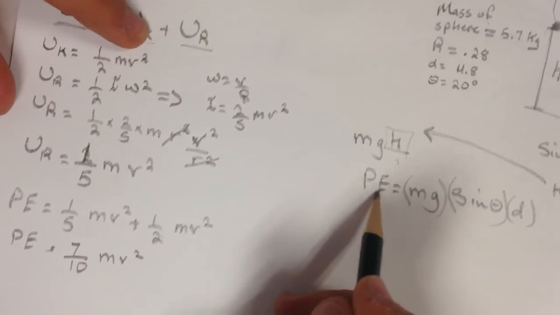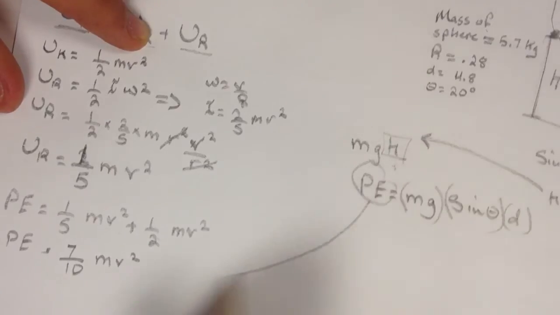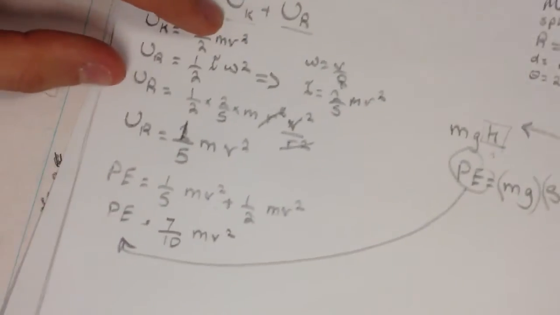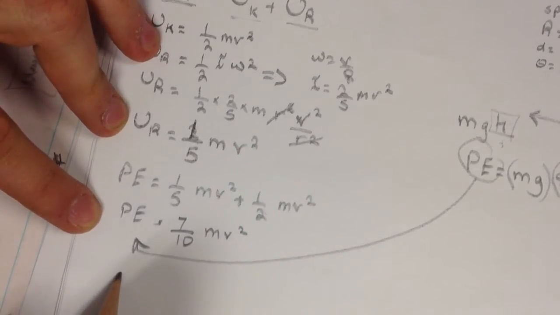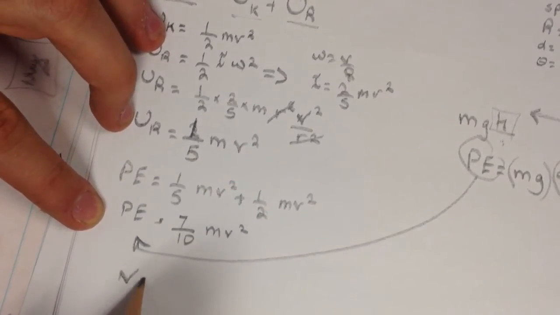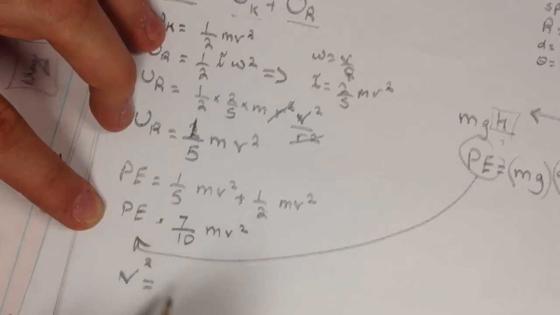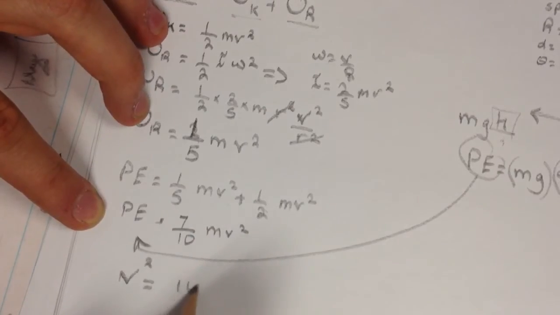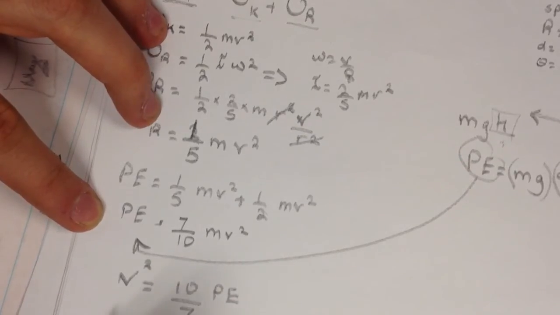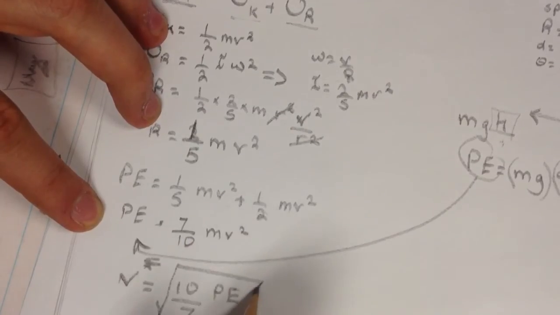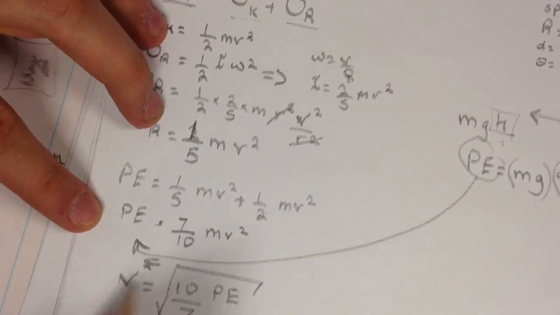You substitute this potential value here. Then v squared equals 10 PE over 7, and you take the square root of this, and here you get the v.